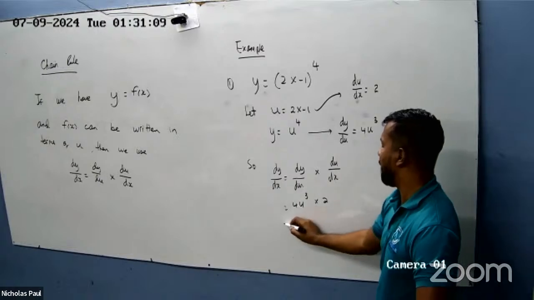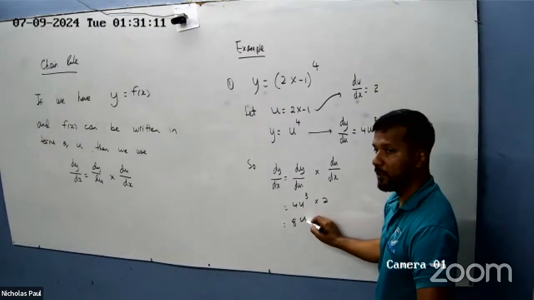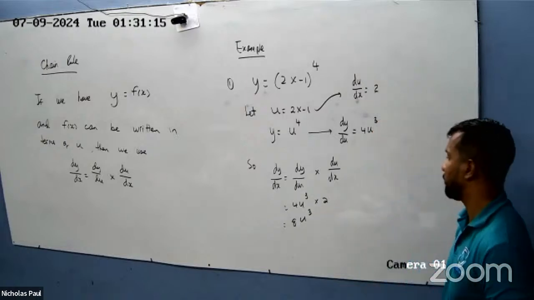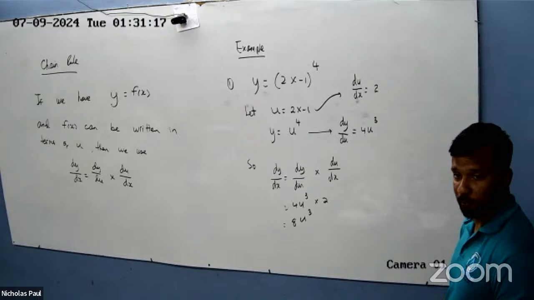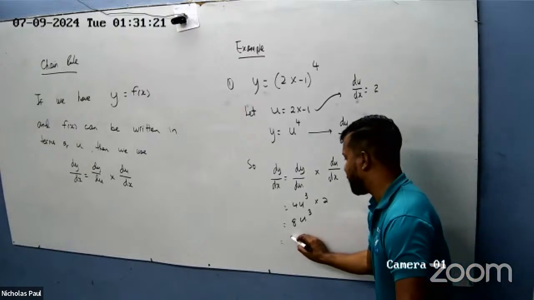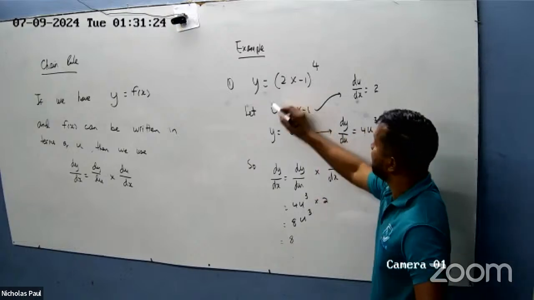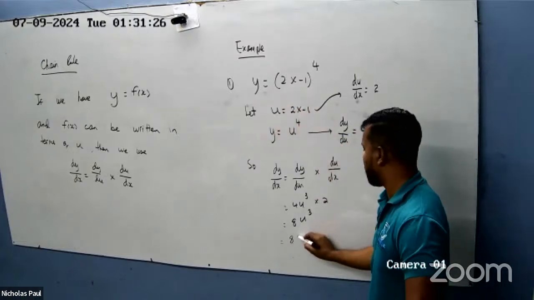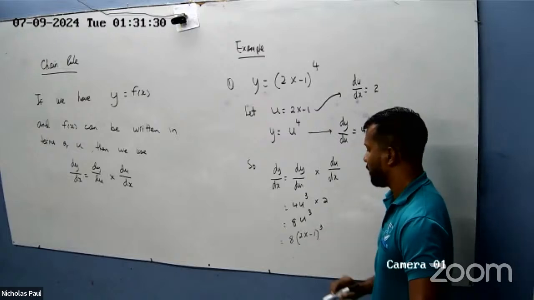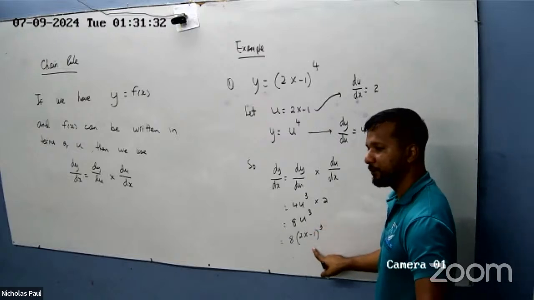So 2 by 4u cubed is 8u to the power of 3. But we can't stop there because our answer should be in terms of x. So u is 2x minus 1, so this becomes this.